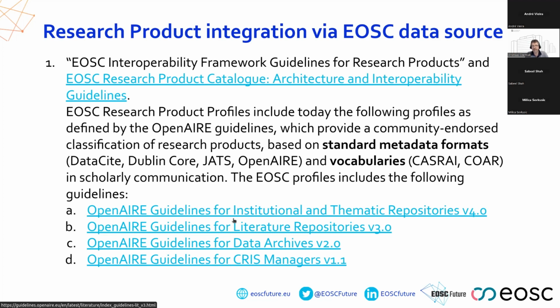In the current situation of onboarding of research products, there are 4 guidelines from OpenAIRE that are used for research product onboarding and harvesting. The first is the guidelines for institutional and thematic repositories, which covers literature as we see, data sets, software, and so on.